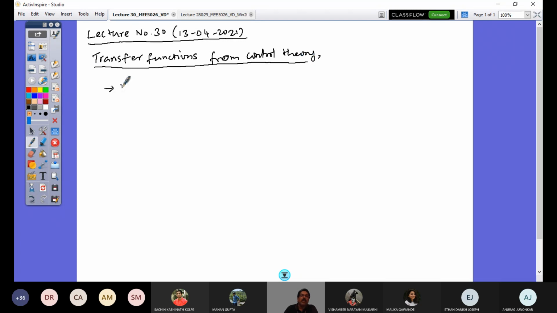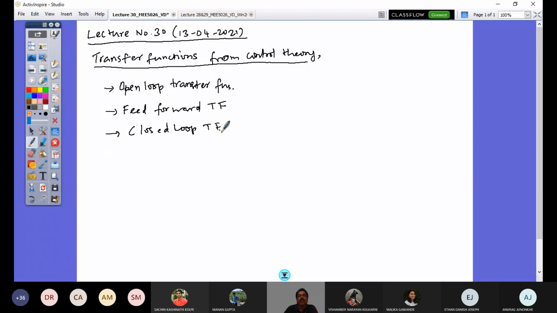One is called the open loop transfer function. Another one is called the feed forward transfer function, and another one is called the closed loop transfer function. So you should understand what these transfer functions are.